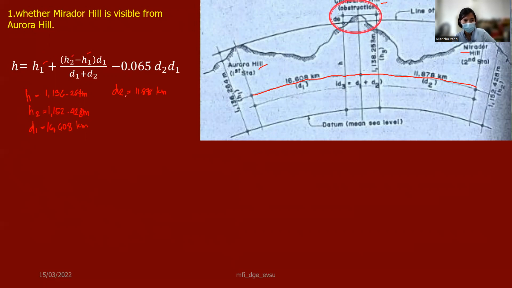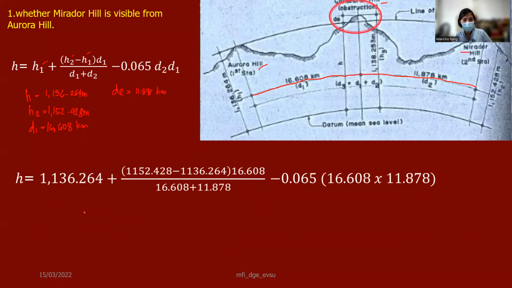Then all of the values, isa-substitute natin siya sa ating formula, and then we can compute H1, which is equivalent to 1,132.865 meters. So what is 1,132.865 meters?